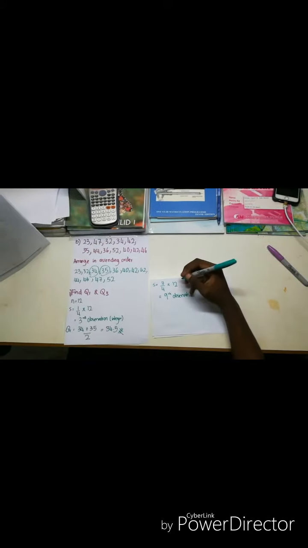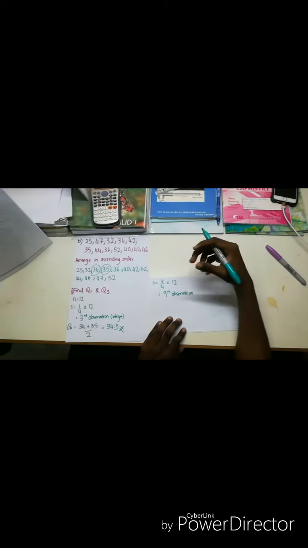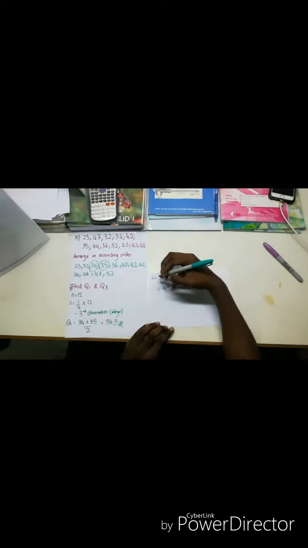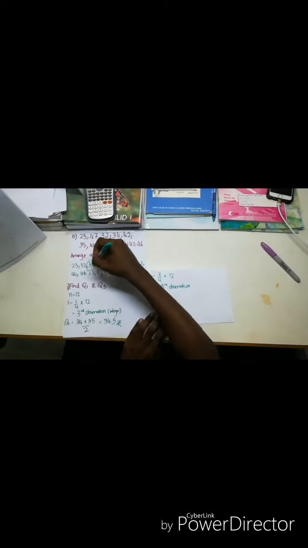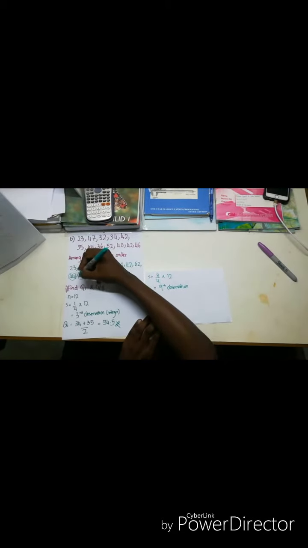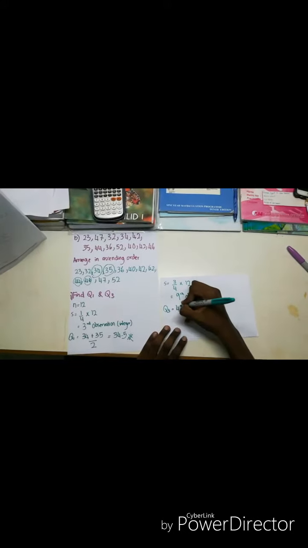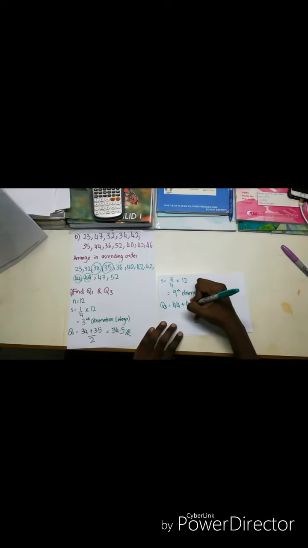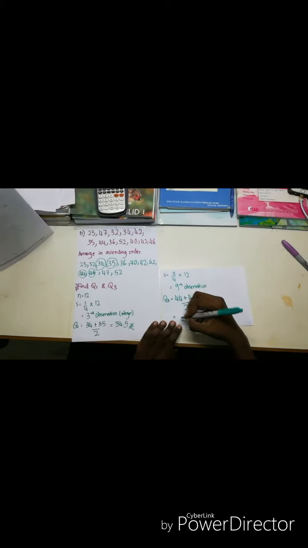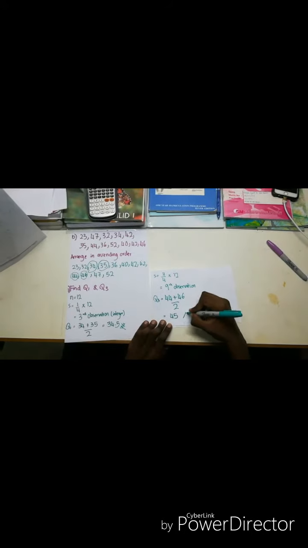This is an integer number, so we need to add the next number and divide by 2. The 9th observation is 44 and the 10th observation is 46. So Q3 is equal to 44 plus 46 divided by 2. So we get 45. This is our third quartile.